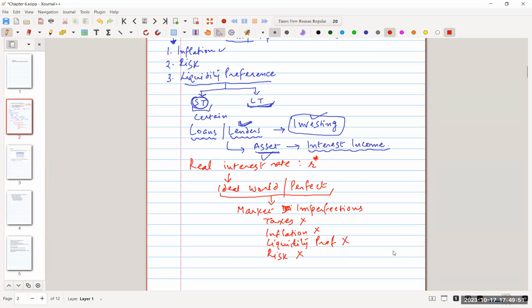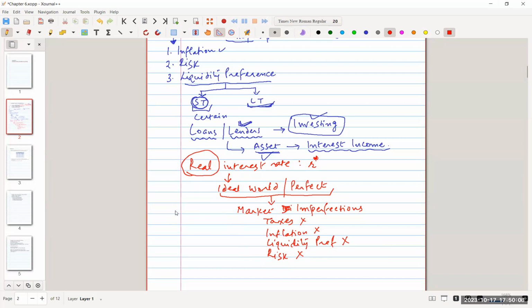If we could live in that type of world, then if you ask the question in such a world, what would be the interest rate for a given activity? That interest rate would be the real interest rate, right?